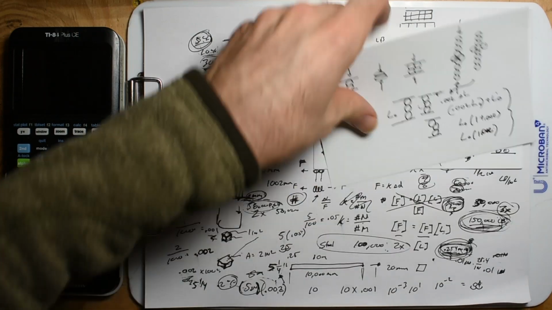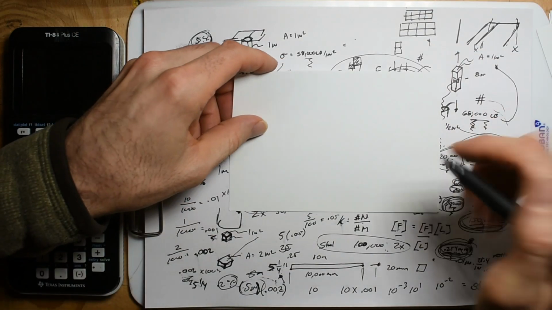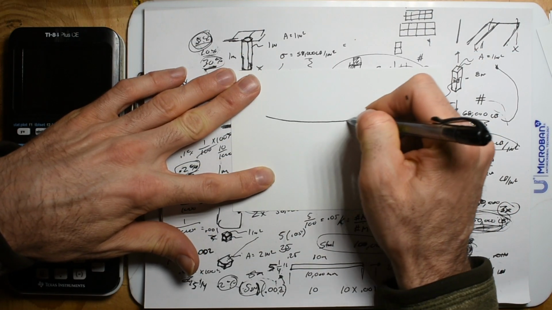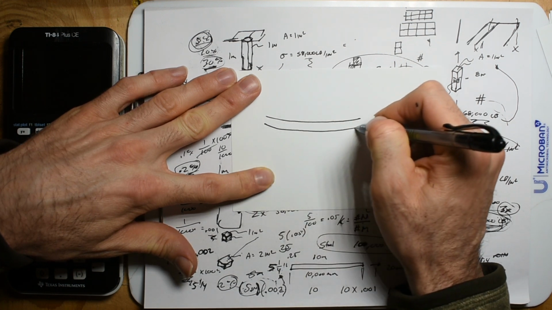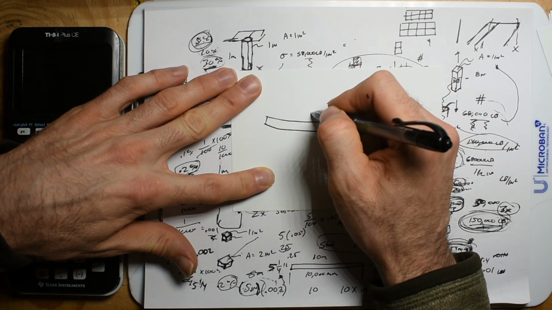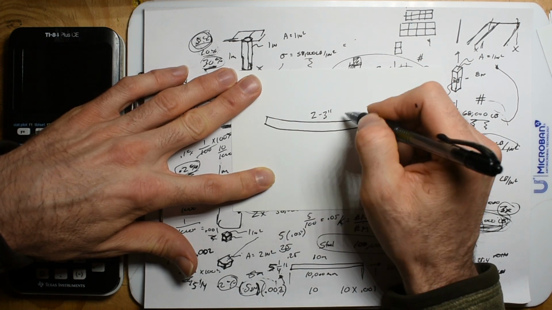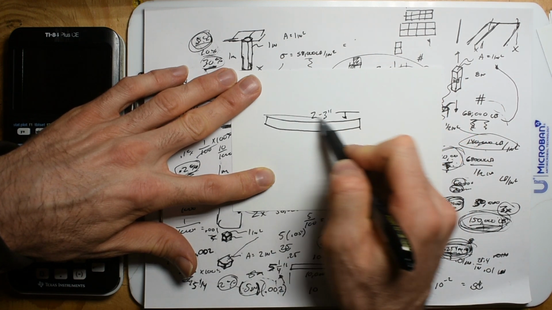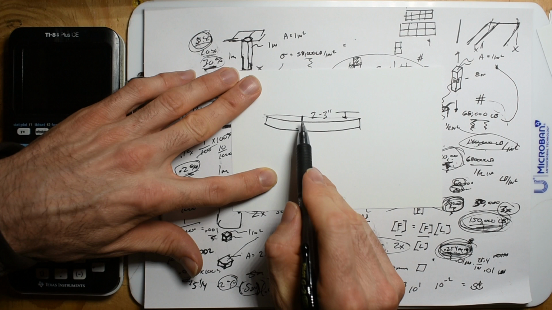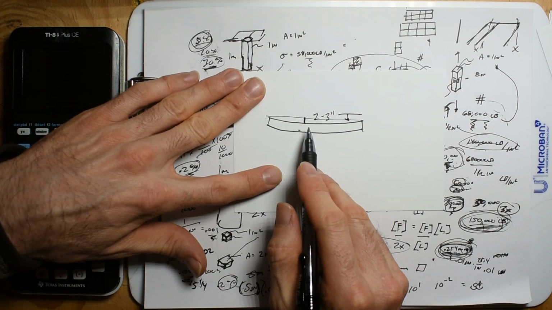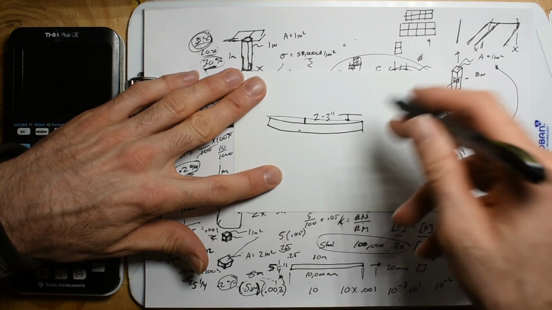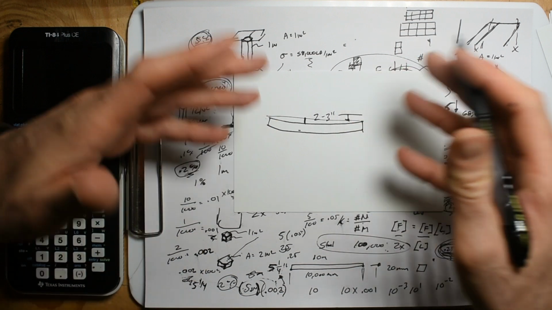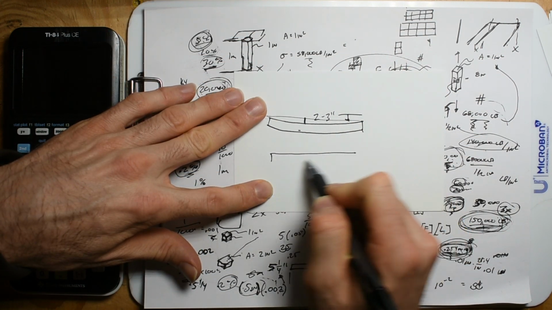All right, this is where we're going to take it home, because there are some beam problems where you can get a deformation of like 2 to 3 inches. This used to be flat, but now there's 2 to 3 inches of deflection on this beam. And guess what? It's still within that elastic range. You unload this beam, and it's just going to go right back to flat.